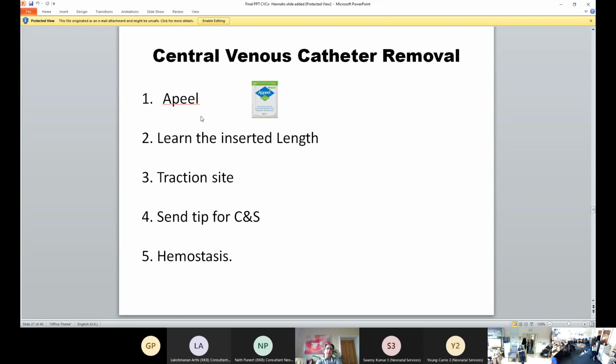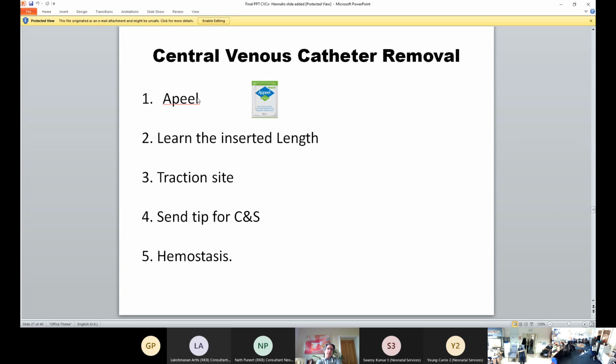The other thing is the long lines. If you pull the long line very forcefully, that might lead to breakage of the line and a missing part inside the baby. That is extremely difficult to manage.